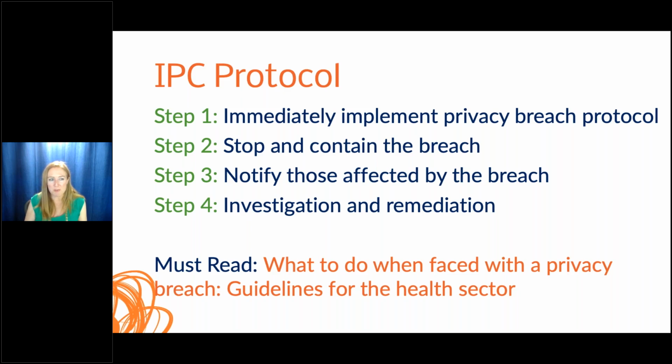Implement your privacy breach protocol, stop and contain the breach, stop it from getting worse, notify people who have been affected by the breach, and do investigation and remediation. So again, there's another document called What to Do When Faced with a Privacy Breach, Guidelines for the Health Sector, that can really give you concrete instructions of what to do in those cases.